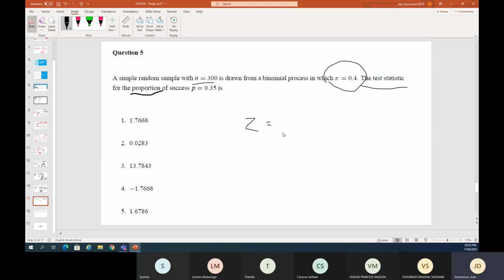Now I just need to remember the formula. Again, you don't need to remember it. It is in your book, in the formula sheet that will also be provided to you.